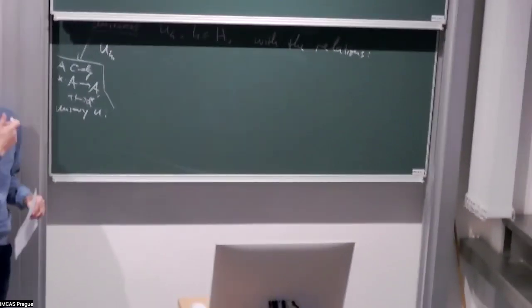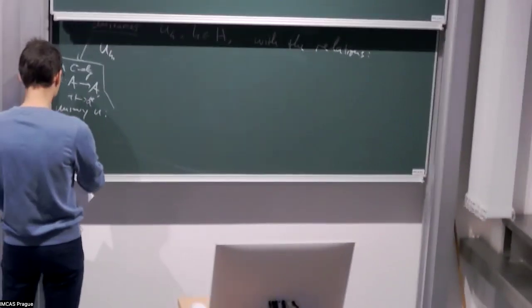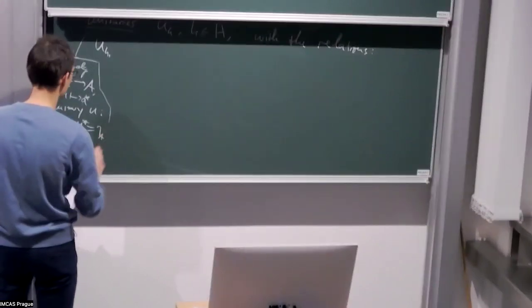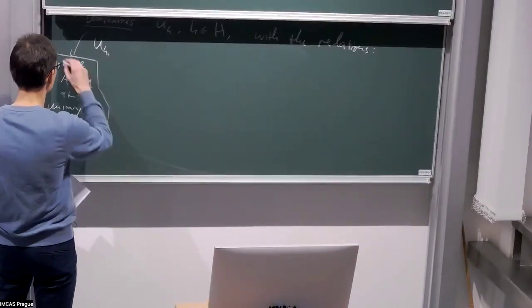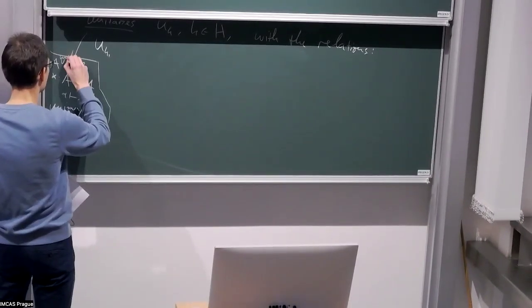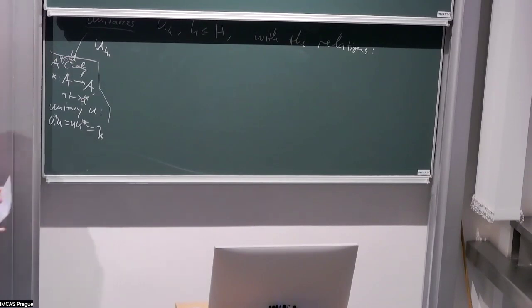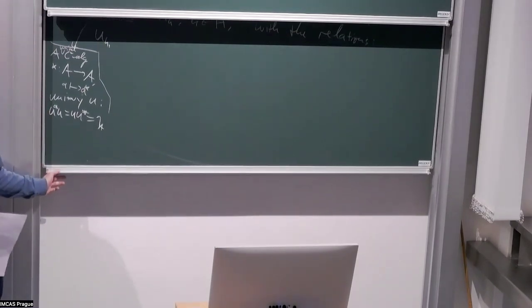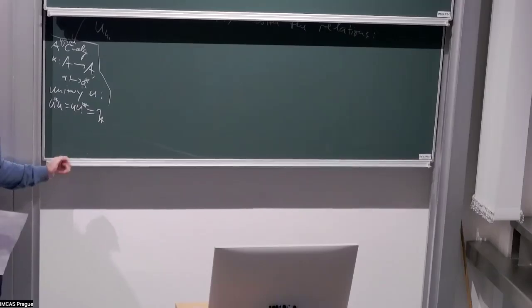And a unitary would be an element where its adjoint is the multiplicative inverse. So we want that U star U is equal to U U star is equal to the identity of A, now assuming it's unital. Okay, so think of unitary matrices really. That's the idea.